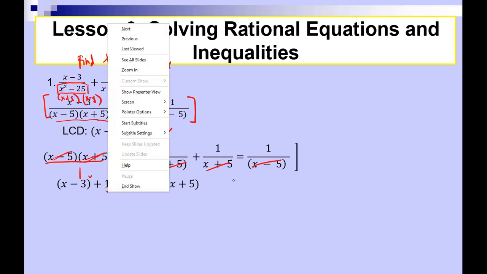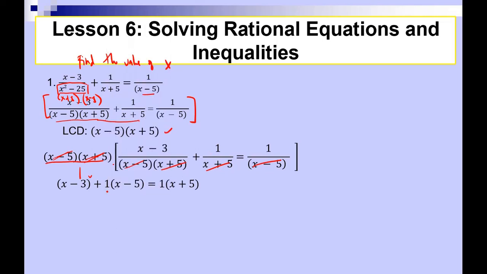And then here, when multiplying, what is left is x minus 5 only, because we multiply per term.